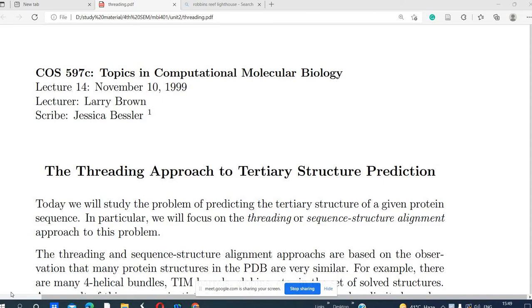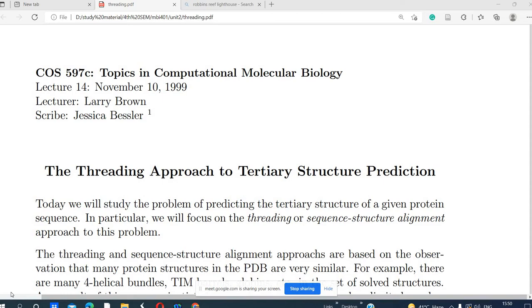This method is suitable to model an unknown sequence or unknown protein, and you can characterize the unknown protein by doing the modeling. This is also known as the fold recognition method.